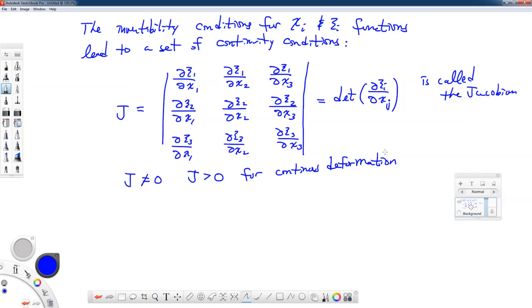We've seen something like this previously when we talked about the scalar triple product. The scalar triple product of three vectors is formed by taking the determinant of the components of those three vectors. And a similar interpretation can exist for this as we had for our vectors. The volume enclosed by the three vectors is given by the determinant, the scalar triple product.